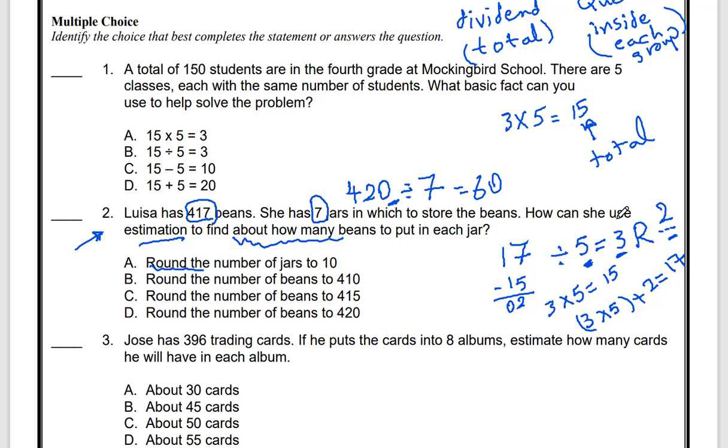So all these words mean that you need to do an estimation. You do not have to use long division. So for this question, do not use long division. Just change the dividend, the first number, the total, the big number, to another number that you can divide by the one-digit number.